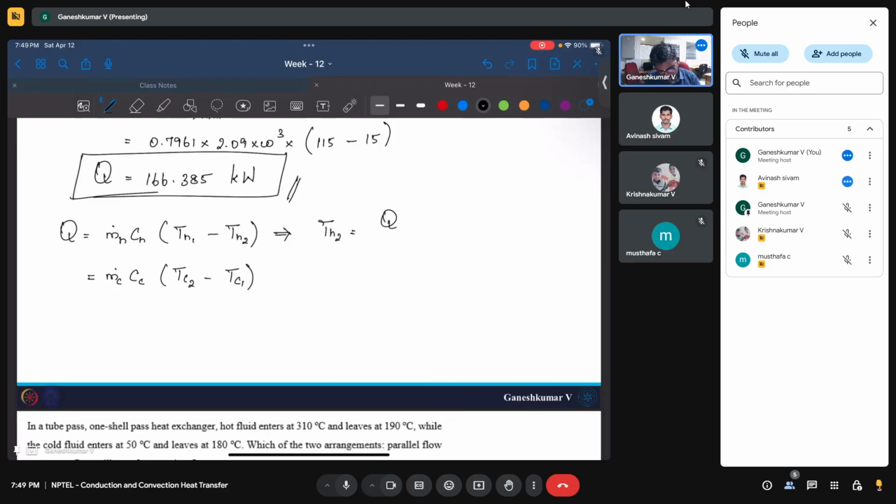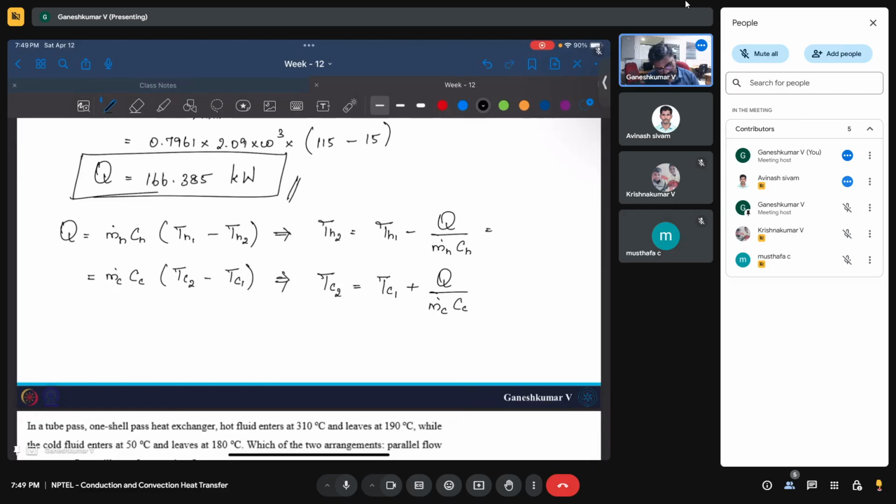That is going to be Th1 minus Q divided by m dot h Ch, and from here you can find Tc2 to be Tc1 plus Q divided by m dot c Cc.